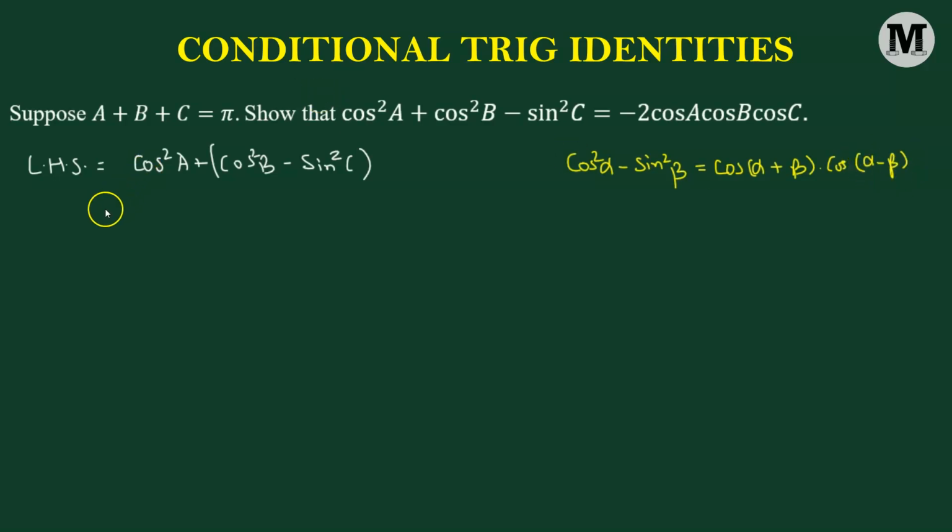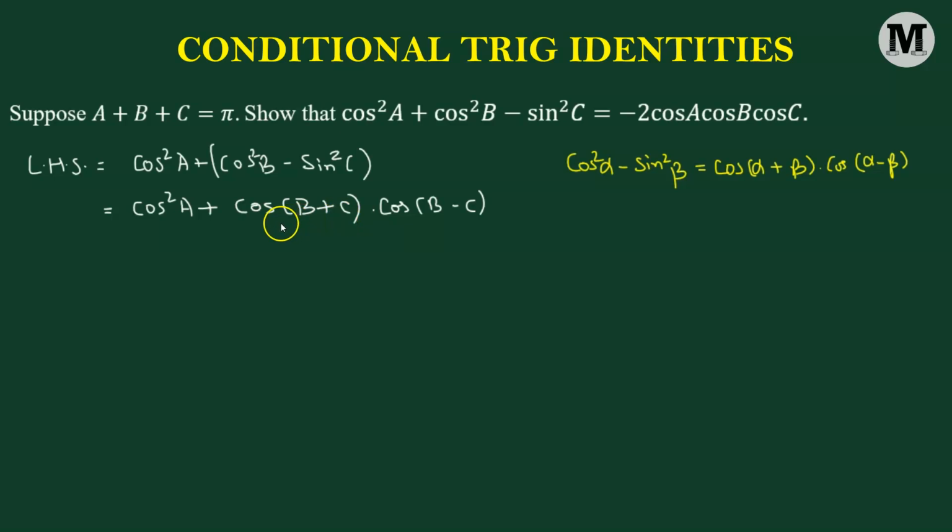So we will now have cosine squared a added to cosine squared b minus sine squared c, which gives cosine of b plus c multiplied by cosine of the difference of the two angles, that's b minus c.